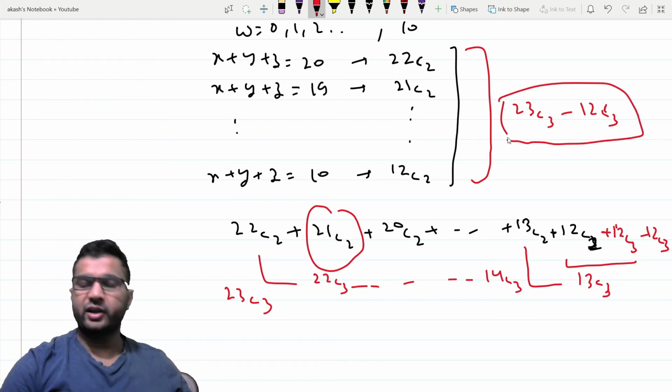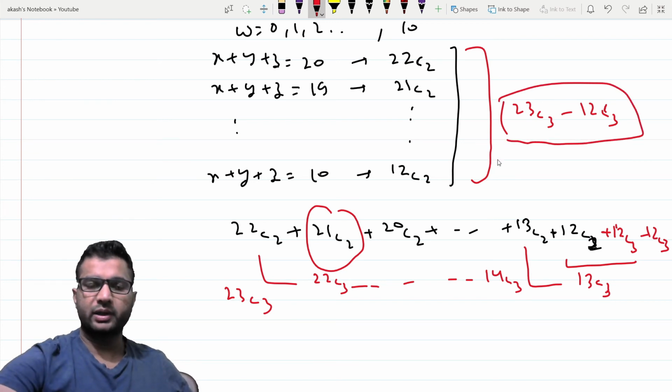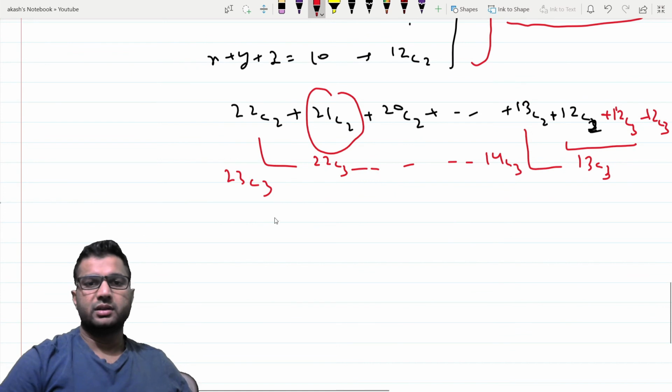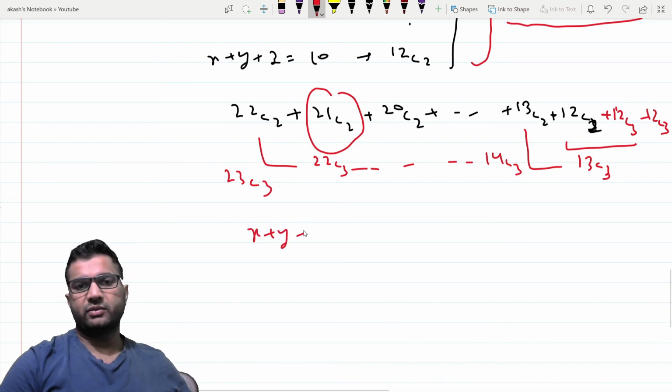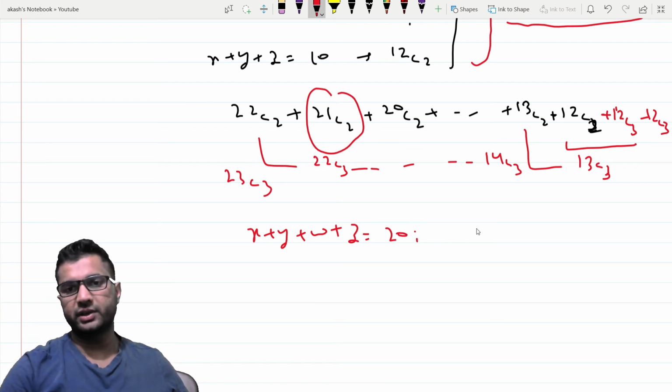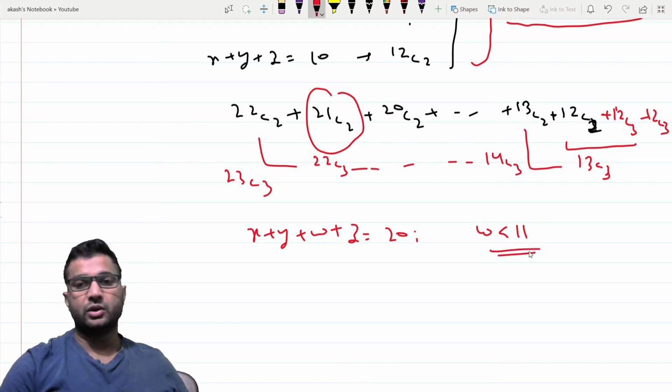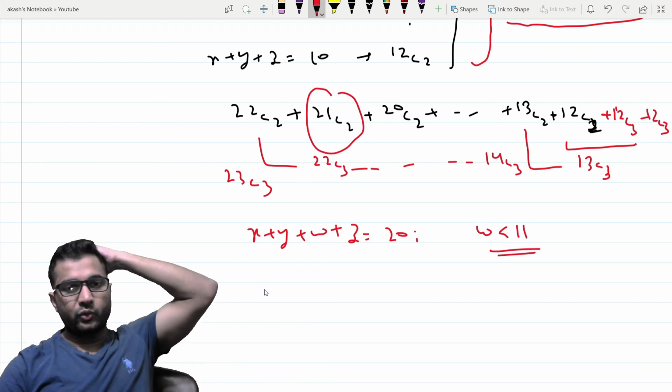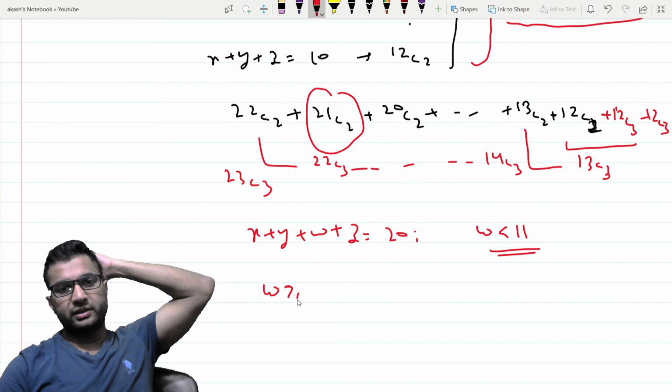Again, I can have one more approach to solve this particular problem. The constraint is x plus y plus w plus z is equal to 20, and all x, y, z, w are non-negative integers with w less than 11. So what I don't want is that w becomes greater than or equal to 11.